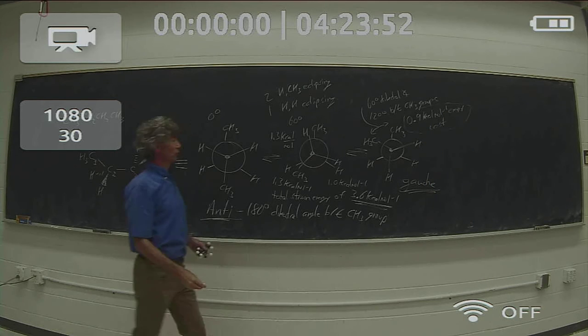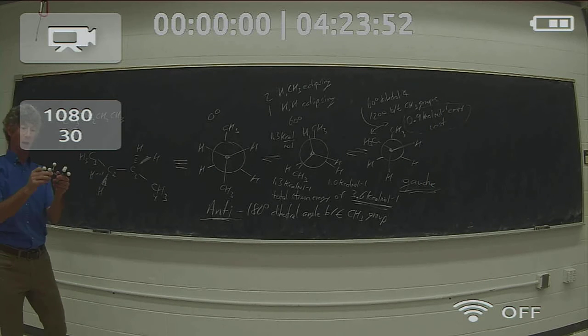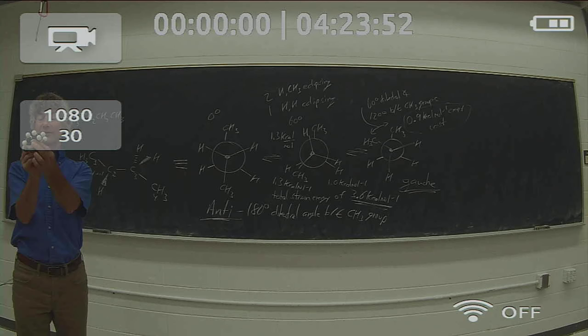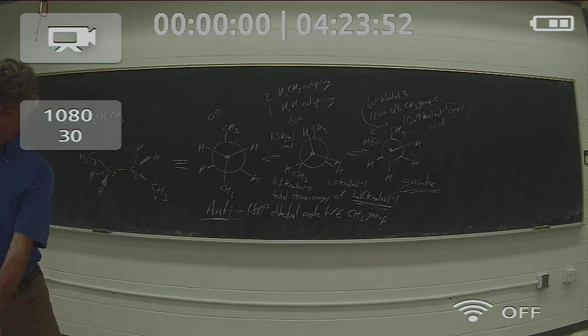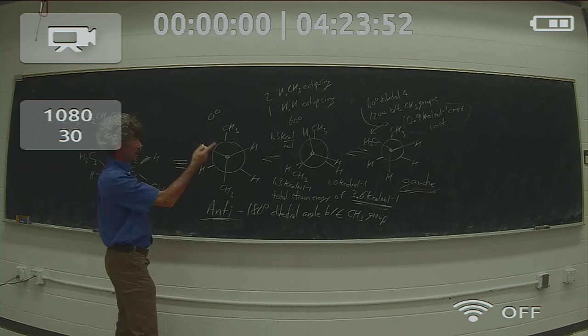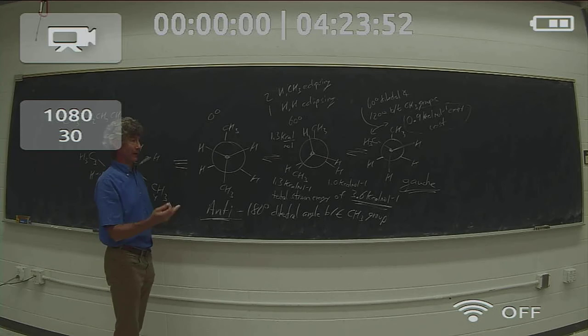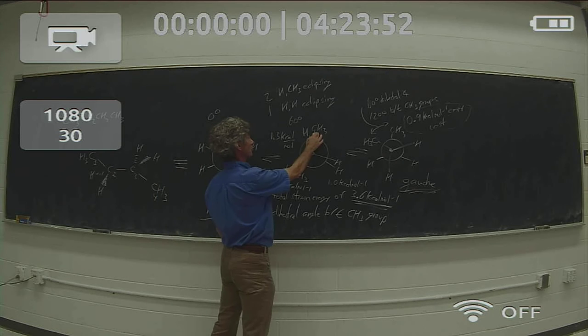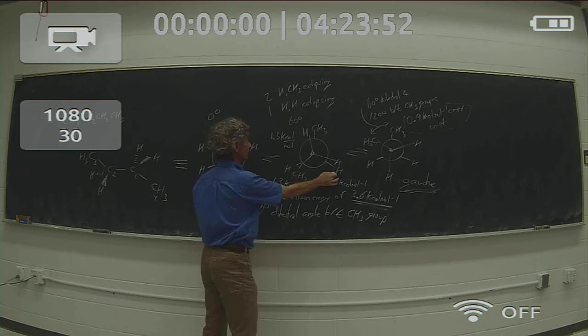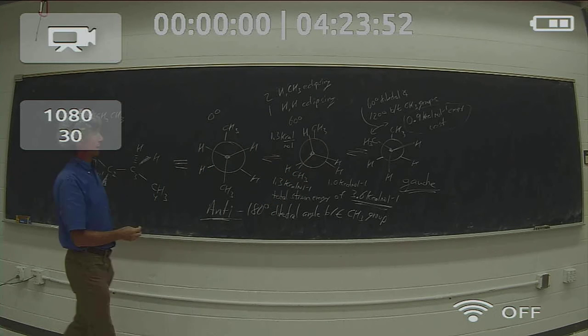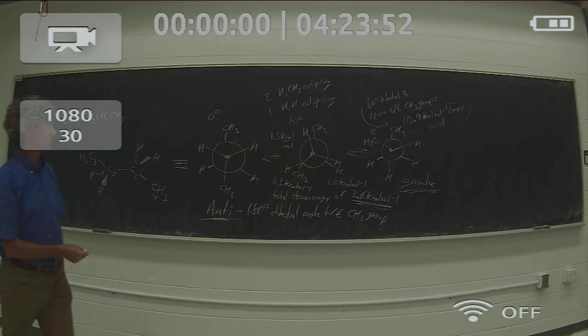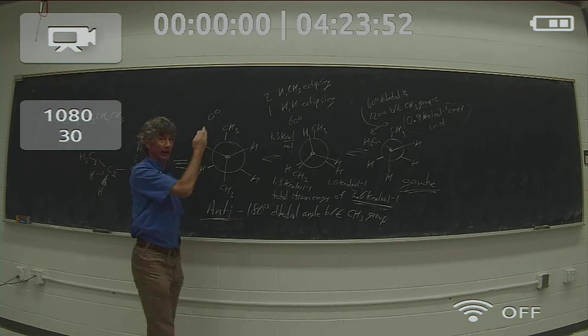It's a torsional strain. It's caused by two electron clouds passing near each other. But now with a 60-degree dihedral angle rather than a 0-degree dihedral angle, which is what we have here with our H over H eclipsing and our CH3 over H eclipsing. Those are all associated with 0-degree dihedral angles. The 180-degree dihedral angle is strain-free.